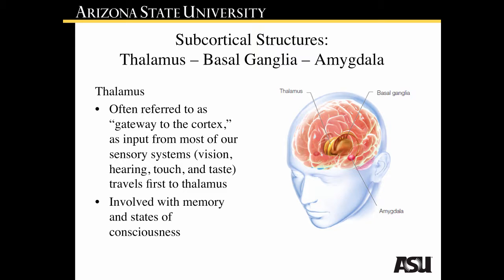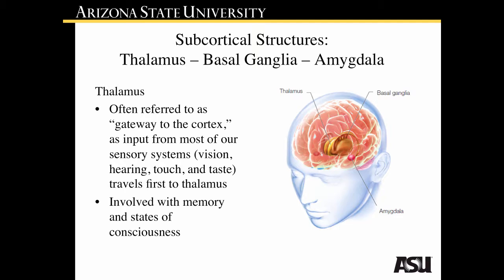We'll start with the thalamus. This is often referred to as a gateway to the cortex. Other people often refer to it as a kind of switching station. Basically what happens is input from most of our sensory systems, like our vision and our hearing and so forth, travels first to the thalamus.